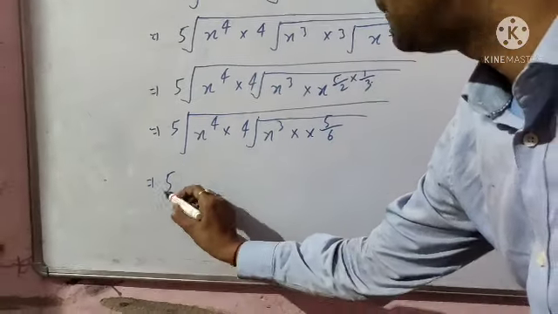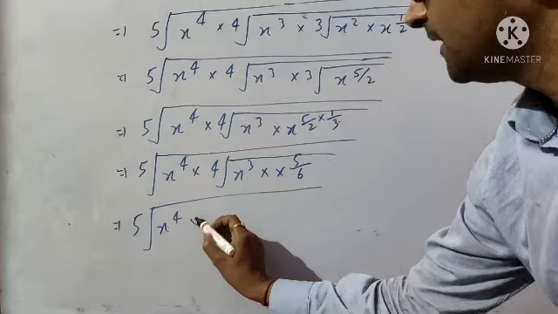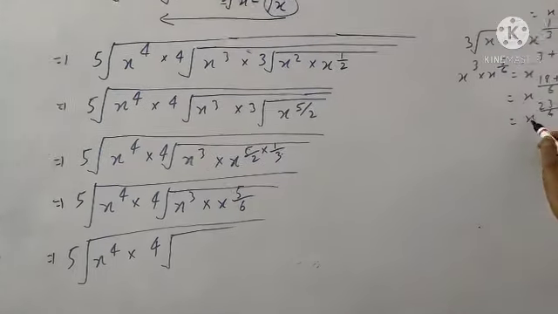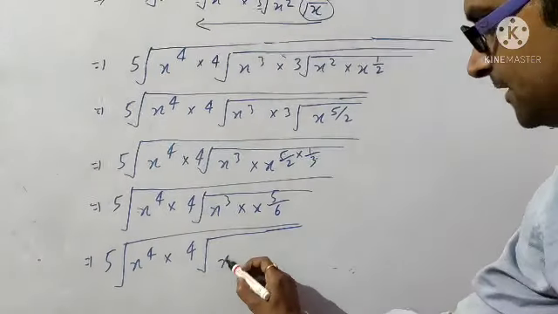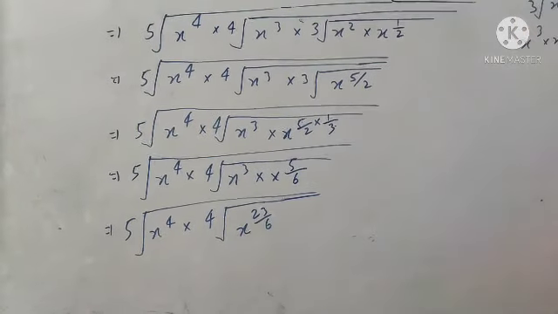So fifth root of x to the power 4 into fourth root of, this value is equivalent to x to the power 23 by 6. Okay.